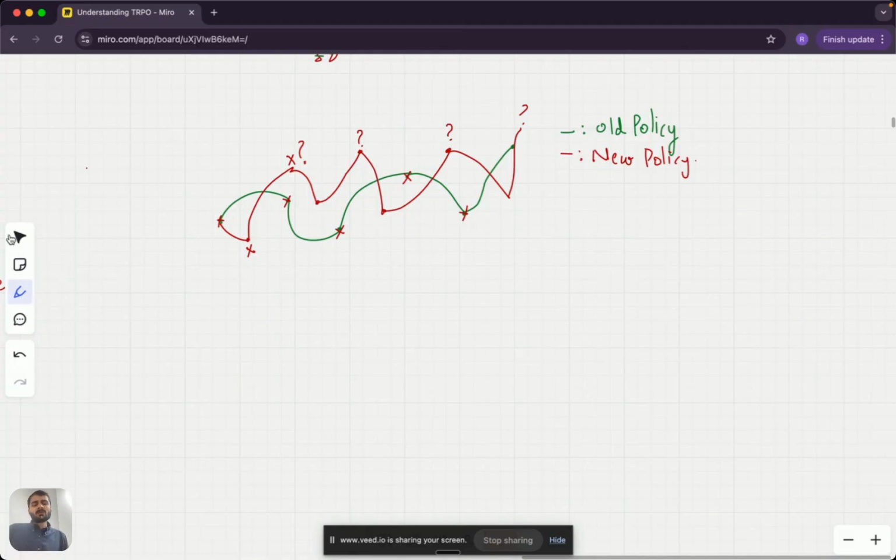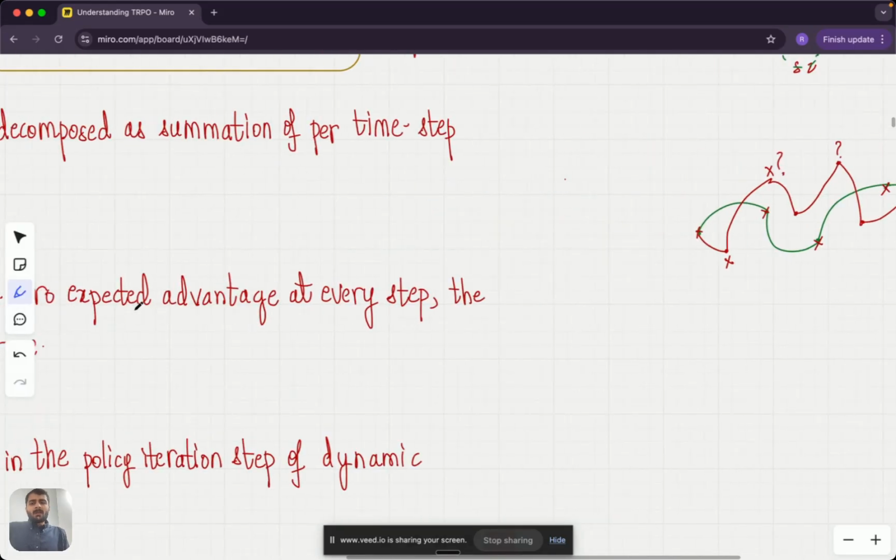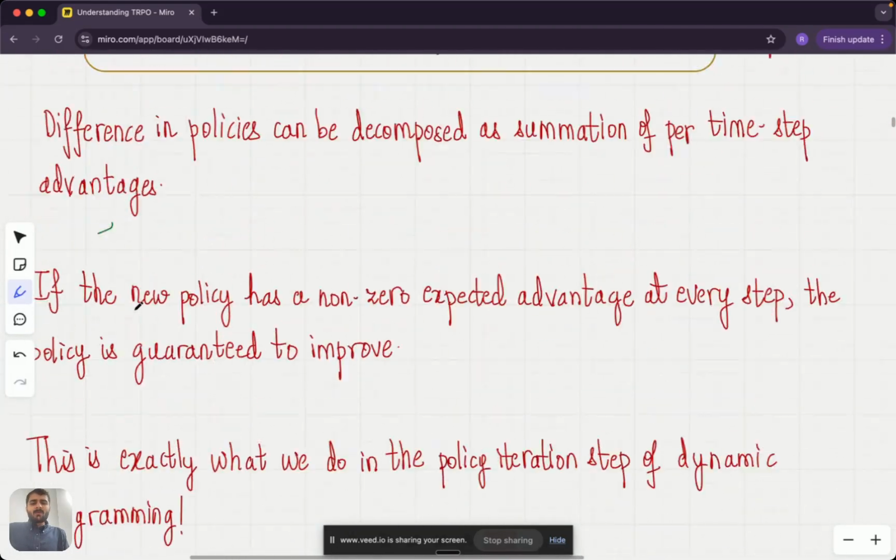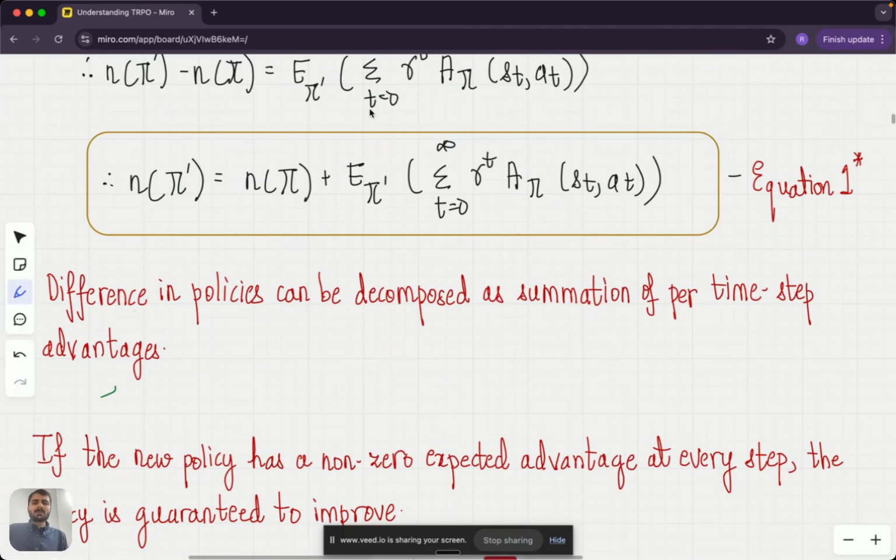So, can I use the information of the states from my old policy itself instead of using the information of the states from the new policy? That might look tricky because the formula clearly states that the expectation is taken over pi dash, which means that we have to visit all the states according to the new policy.